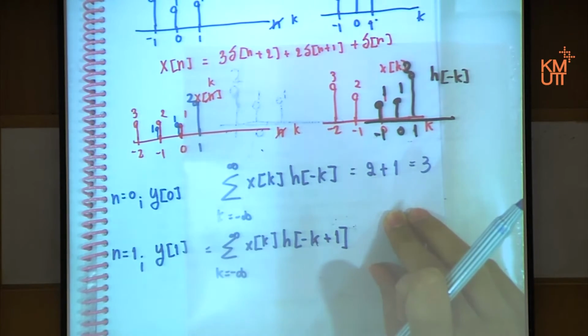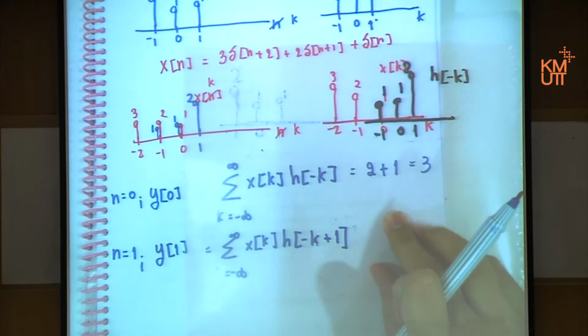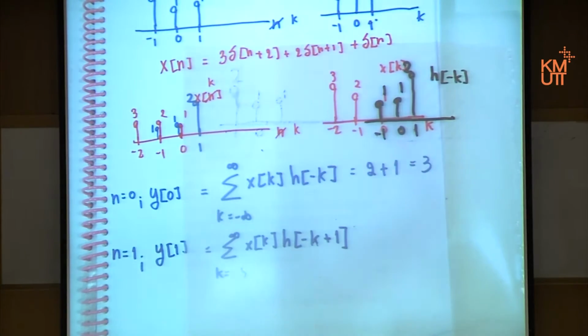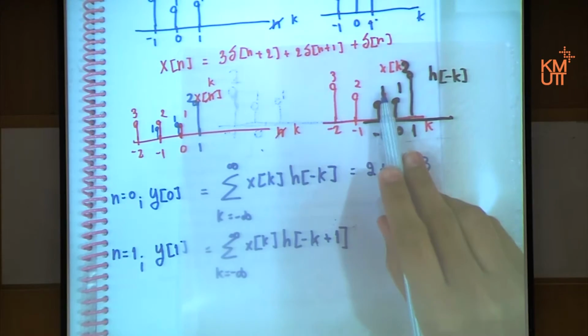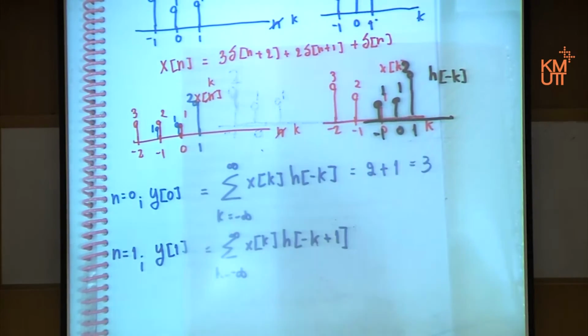Now multiply the red and black stems together. พอคุณชิฟต์แล้วคุณก็ต้องคูณกันใช่ไหม Now you have only one pair that has a common position between red and black, right? That is this pair, you just multiply 1 and 1 together and you get 1.